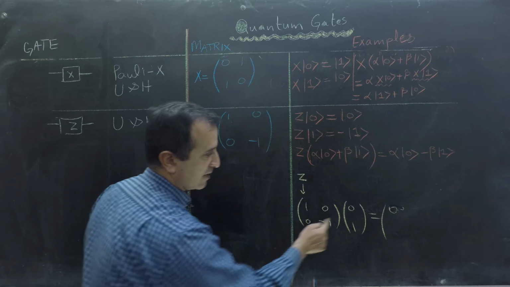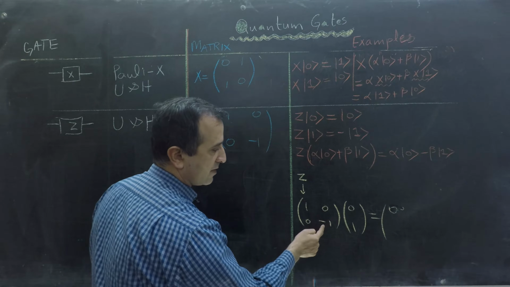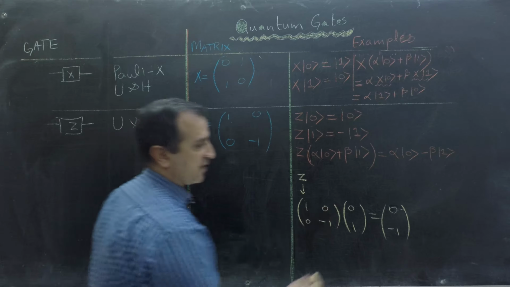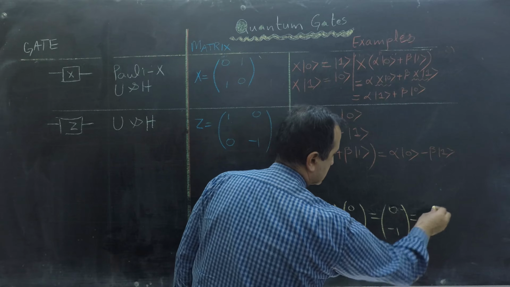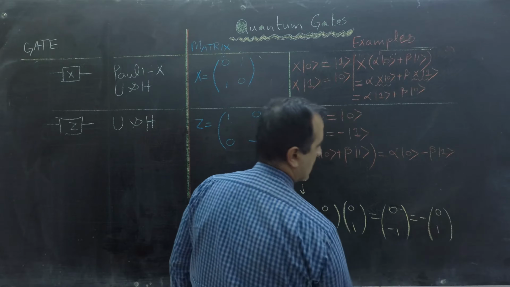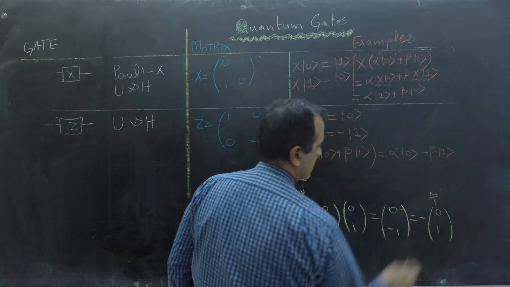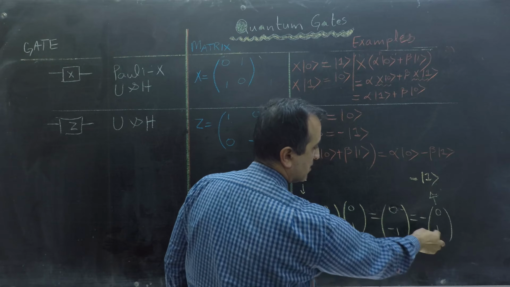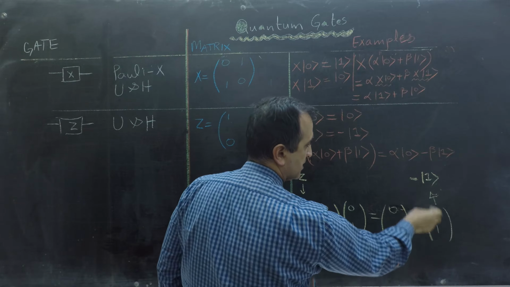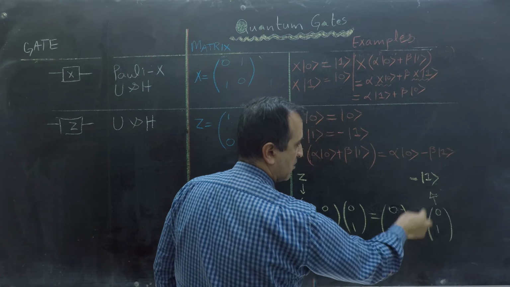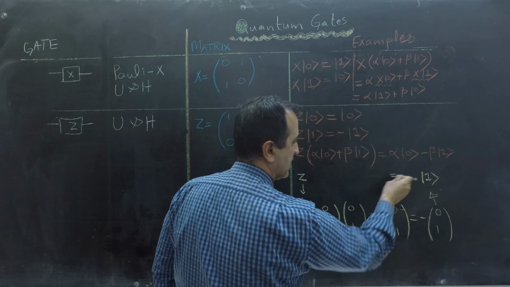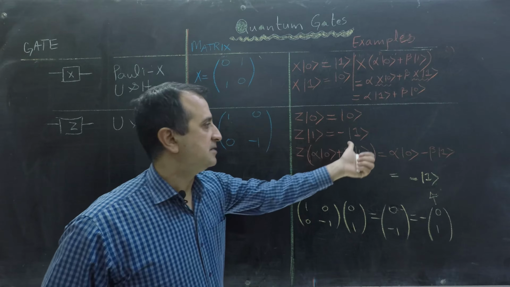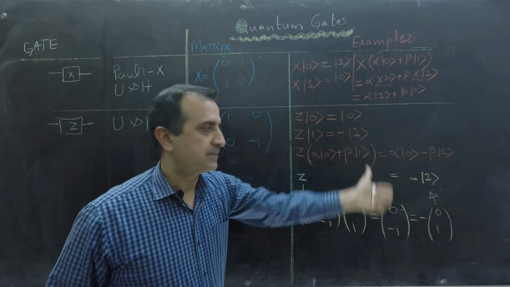Similarly, 0 times 0 plus minus 1 times 1, so I will have here minus 1, and this simplifies to minus 0, 1, and we know that we can write it in a ket notation of minus ket 1, because here at the first location I have 1, so this is ket 1, and minus is outside, so my answer is minus ket 1, and we have verified this. If I apply a Z gate on ket 1, my answer is minus ket 1.